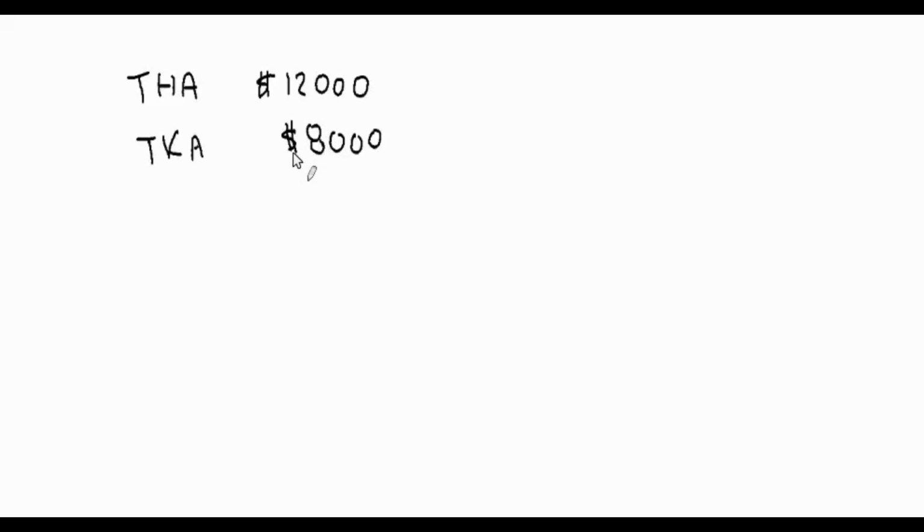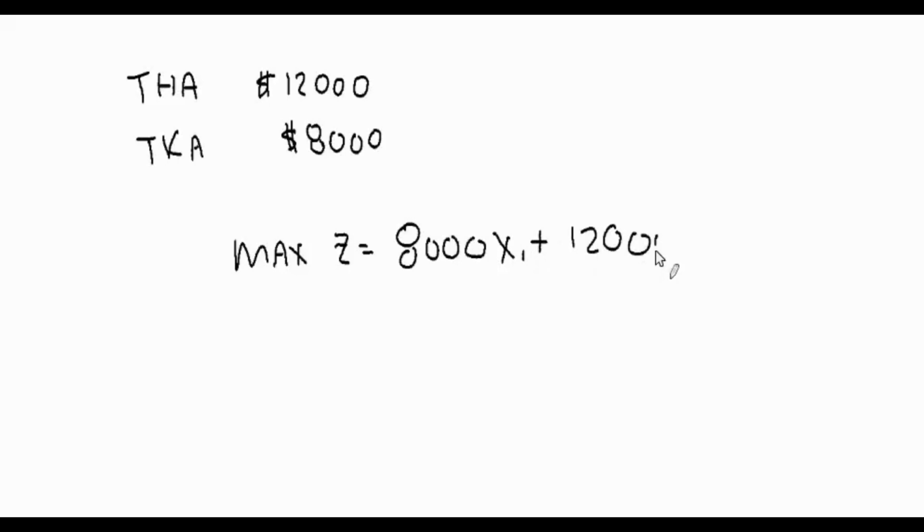That means that the total profit margin we want to maximize, Z, is equal to 8,000 x1 plus 12,000 x2. That's our objective function.